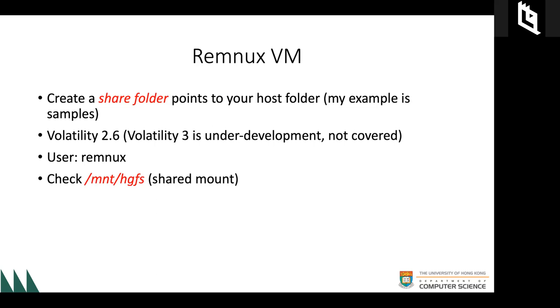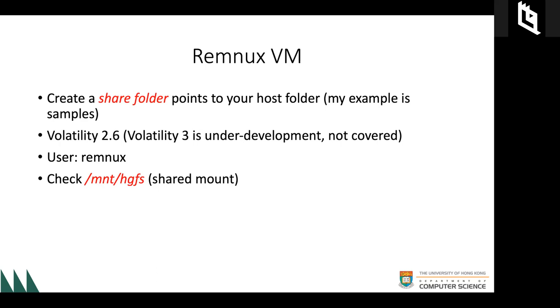I don't want to utilize the RAM or the hardware resources to run the Volatility framework together with accessing the image inside the virtual machine. So I created a shared folder which points to the host folder of my samples.